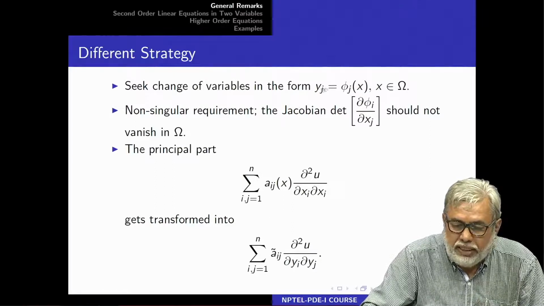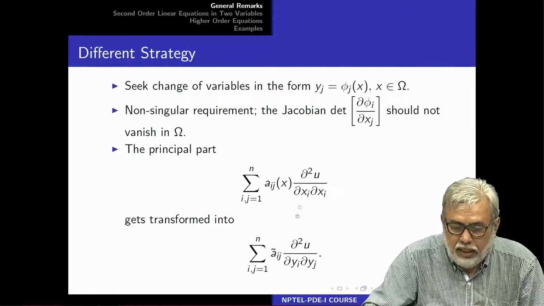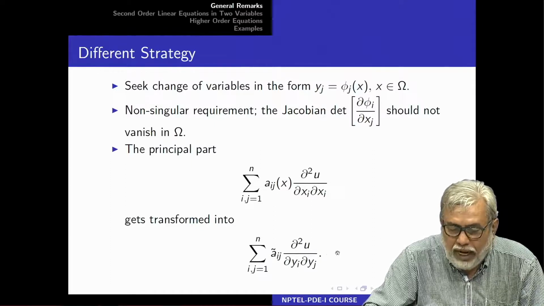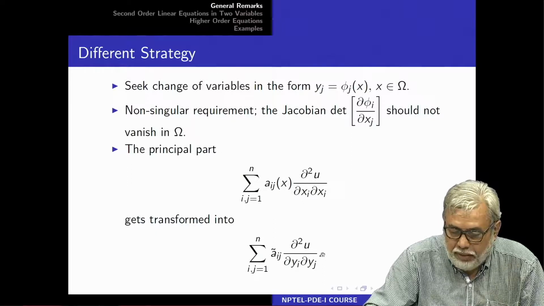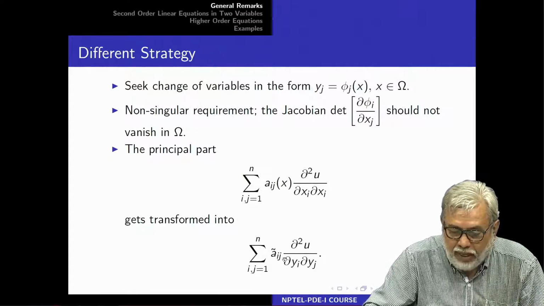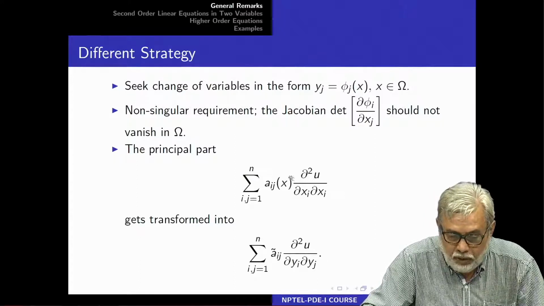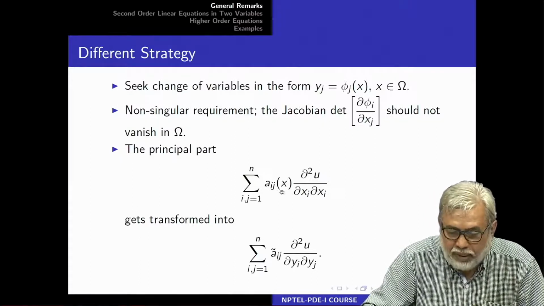So, using this change of variable, you transform this equation into this. While doing so, you do get some lower order terms here, which I am not considering. Even this reduction from the x variable to the y variable will produce some lower order terms, because the coefficients are variable now.